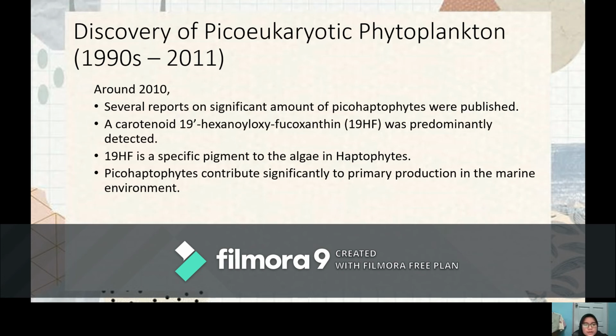A carotenoid, 19-hexanoyloxyfucoxanthin, 19HF, was predominantly detected. 19HF is a specific pigment to the algae in haptophytes. Picohaptophytes contribute significantly to primary production in the marine environment. This is because haptophytes contribute 50% of the total number of phytoplankton, and the picohaptophytes contribute 5% of the total number of picophytoplankton.